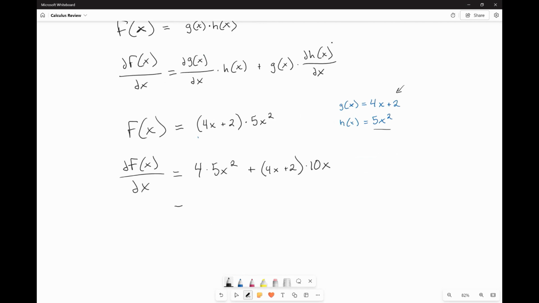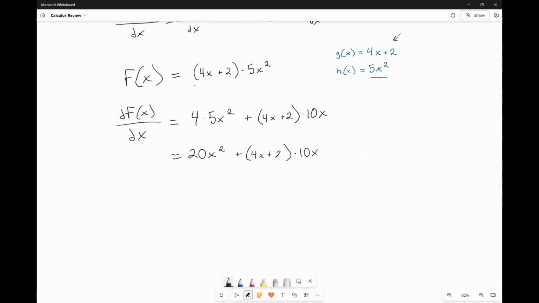We can simplify it. So 20x squared plus 4x plus 2 all times 10x. If we wanted, we could simplify it even further. Just keep simplifying it until it's fully simplified. We can distribute this 10x.